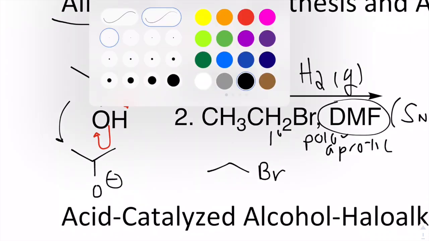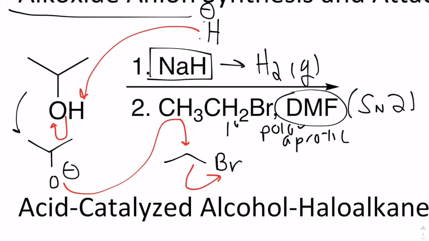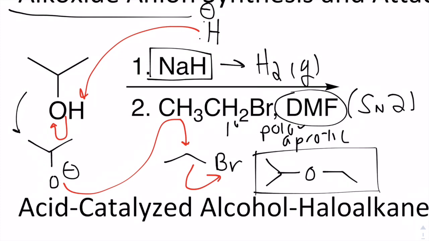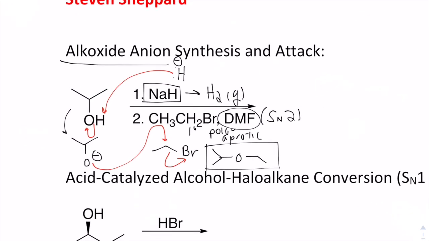Now that negatively charged alkoxide anion is going to attack that electrophilic carbon that bears the bromine, facilitate the removal of the bromine, and we just synthesized an ether. So our end product should be something that looks like that. This is our ether that we've created by synthesizing the alkoxide anion and doing an SN2 nucleophilic attack reaction with an alkyl halide.